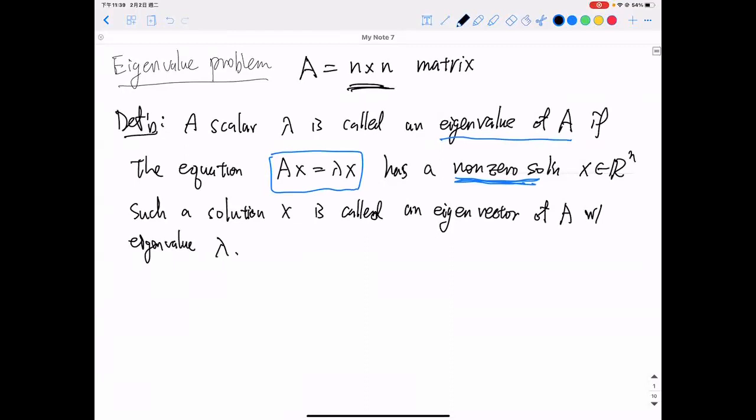Okay, so we've made this maybe funny looking definition.